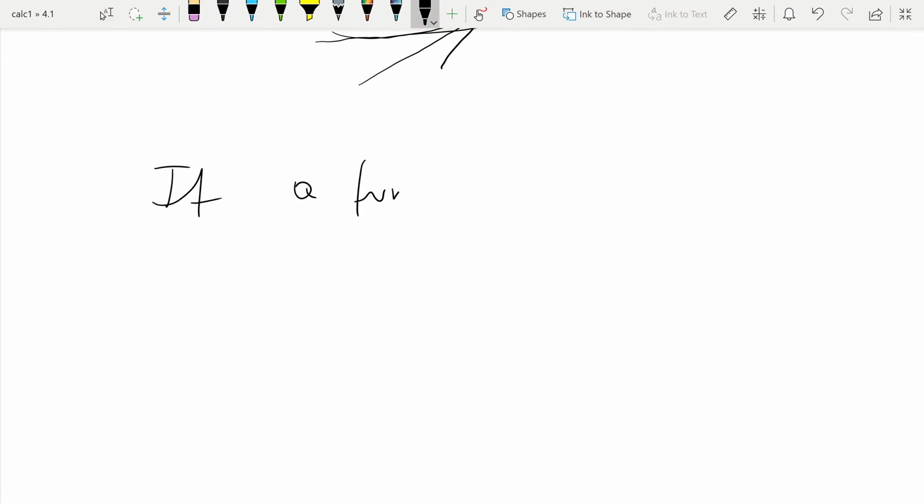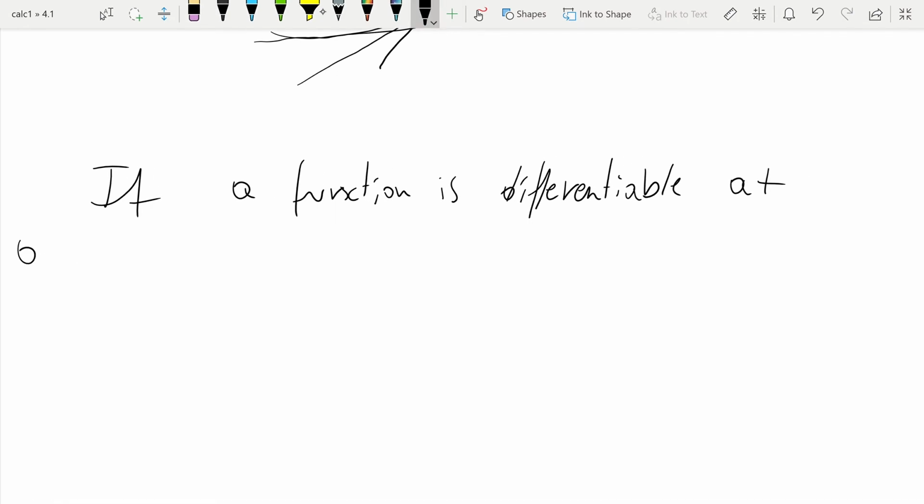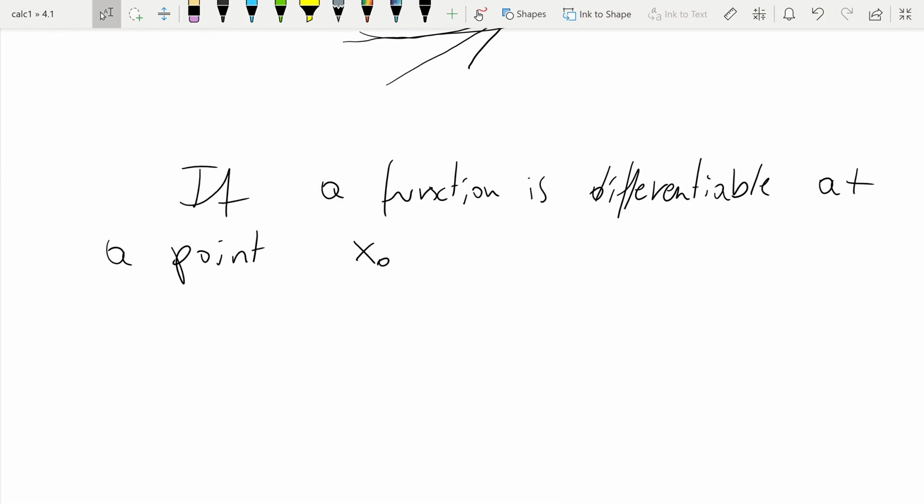But all this discussion is to say that if a function is differentiable at a point x0, by the very definition of differentiability, this implies that the change in f must be approximately equal to the value of f prime at x0 times delta x.